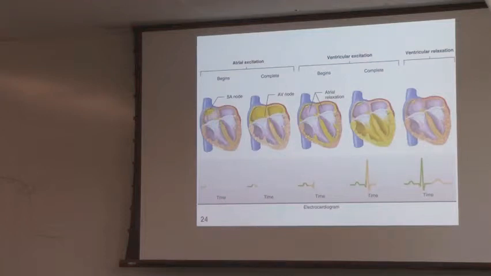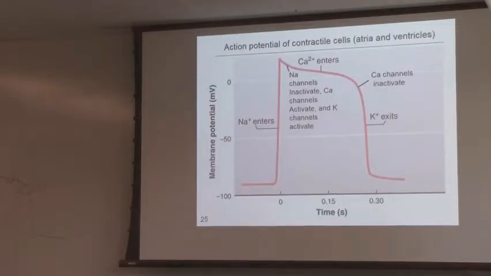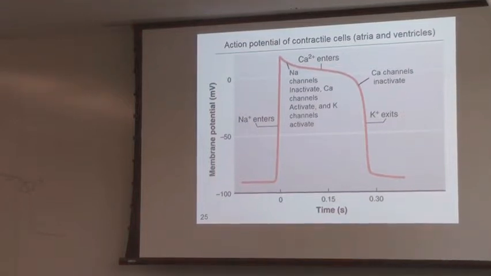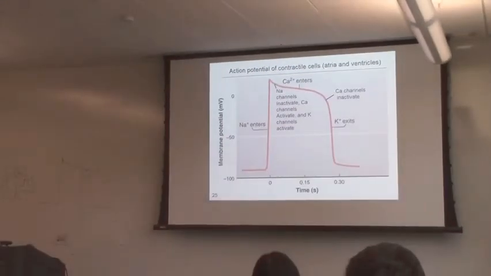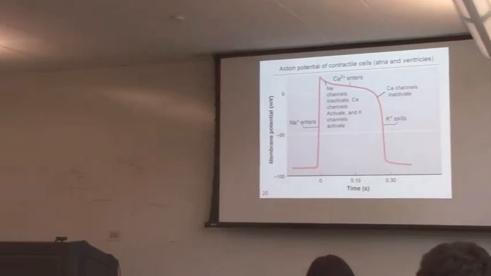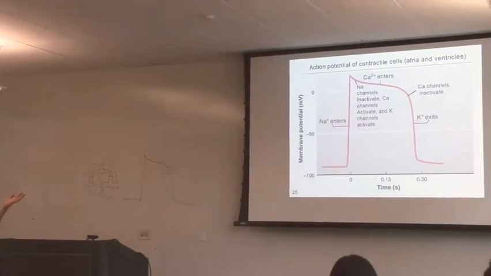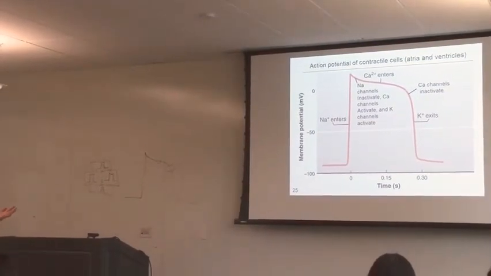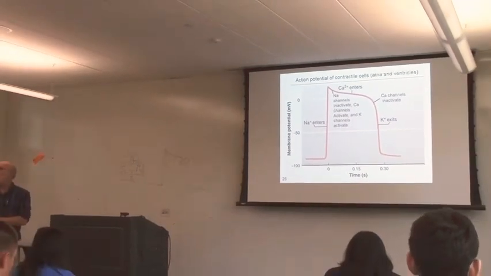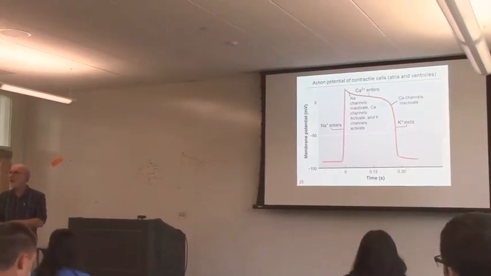Okay, so now we've spread into the ventricles. Let's see, are there more clickers coming up? Not really. Have we done them all? Okay. So ventricular myocytes have this is just a copy of the one that we showed before, because the ventricular myocytes have the same action potential as atrial myocytes. So I didn't print it out again.